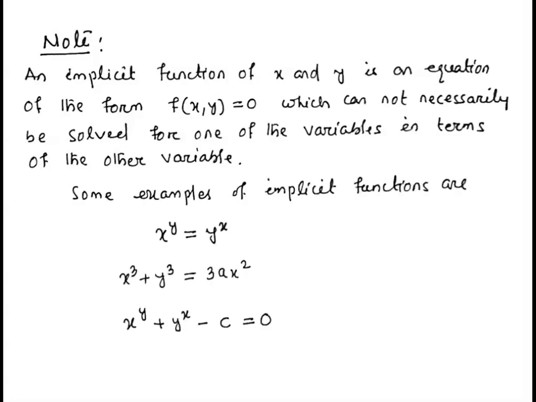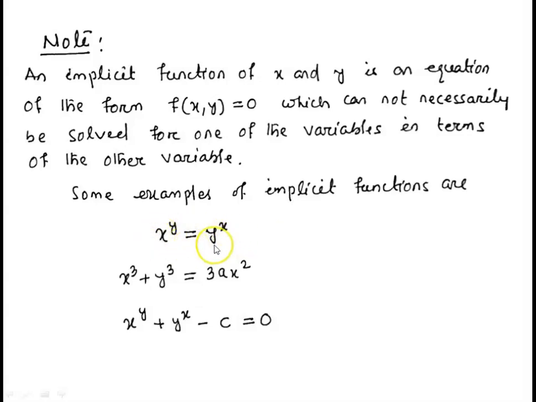Here are some examples of implicit functions. In the first case, we have x raised to the power of y is equal to y raised to the power of x. This can be written as x raised to the power of y minus y raised to the power of x is equal to 0. So our function f of xy is x raised to the power of y minus y raised to the power of x, equal to 0.